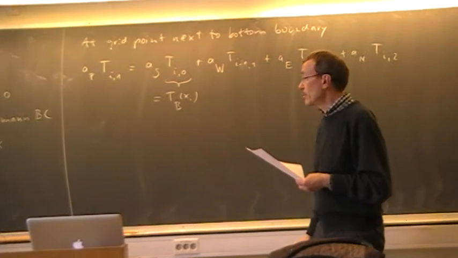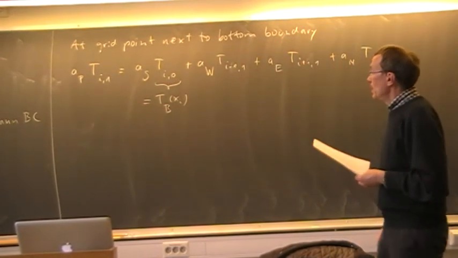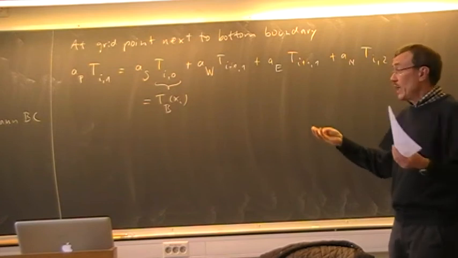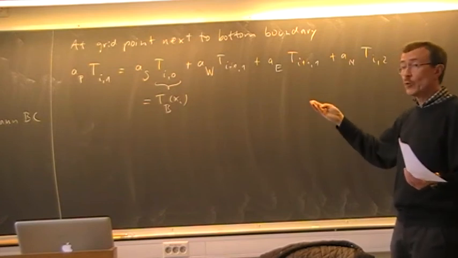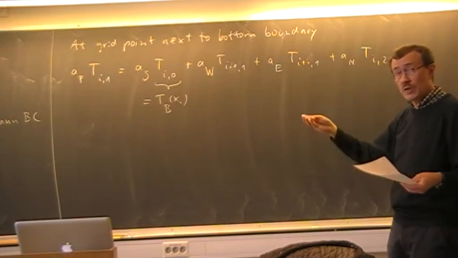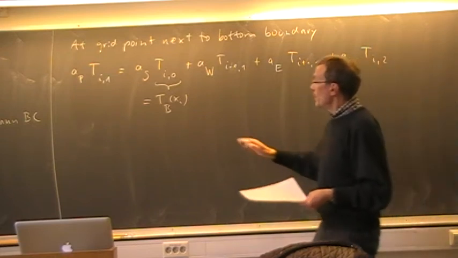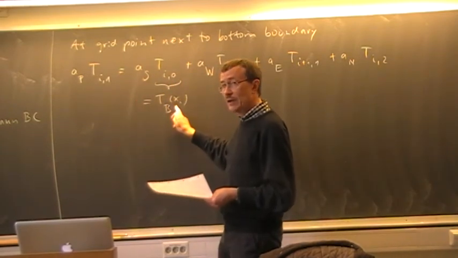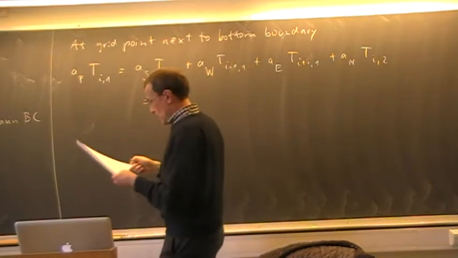That is the Dirichlet boundary condition that enters there. And then we don't need to compute that, we have it already. So this value will not enter our linear system as an unknown, because it is already known. So this expression AS times Tb of xi will be a part of the source term.